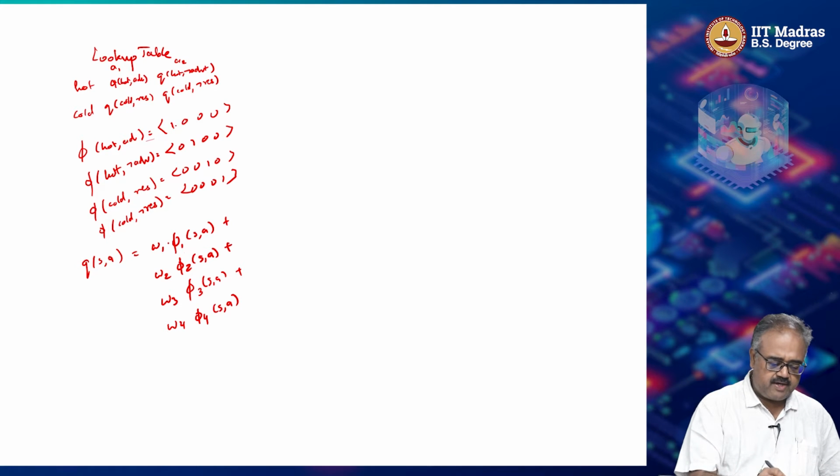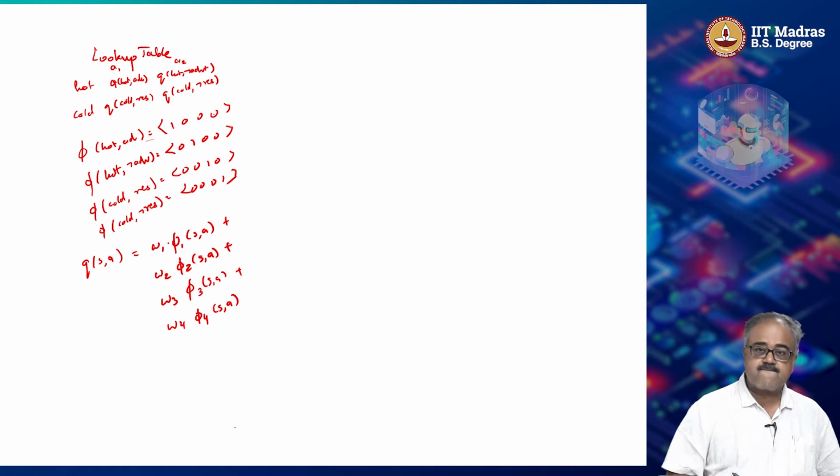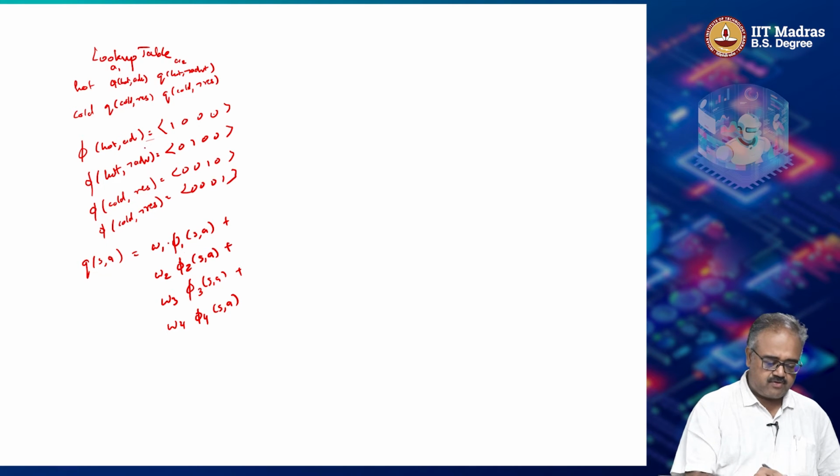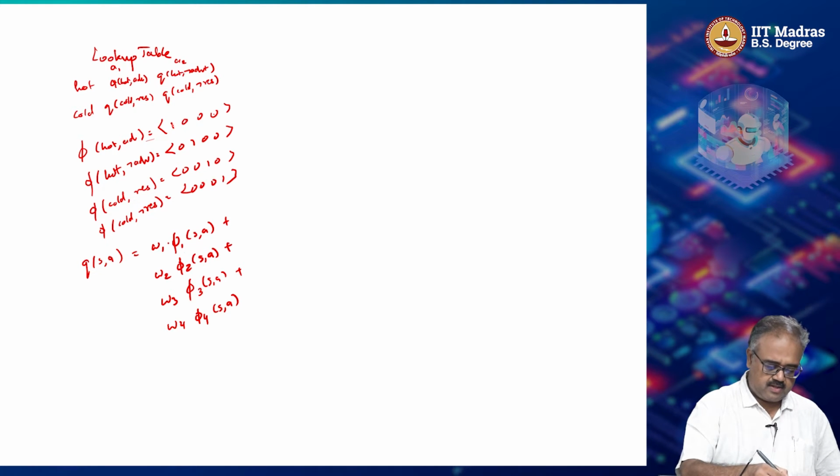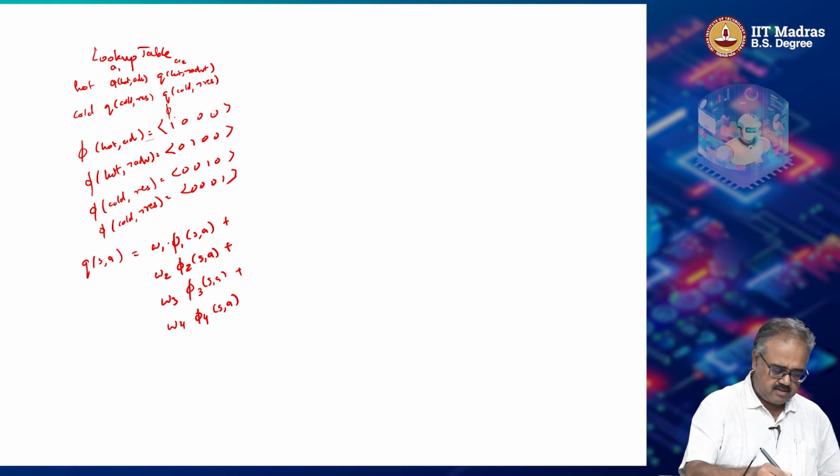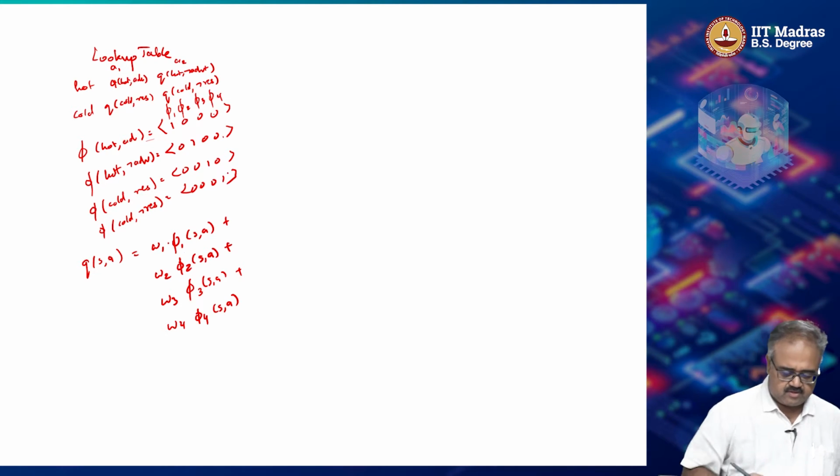In this case it's 1 0 0 0, that is phi 1, that is phi 2, that is phi 3, that is phi 4. For each one of these it is going to be like this.